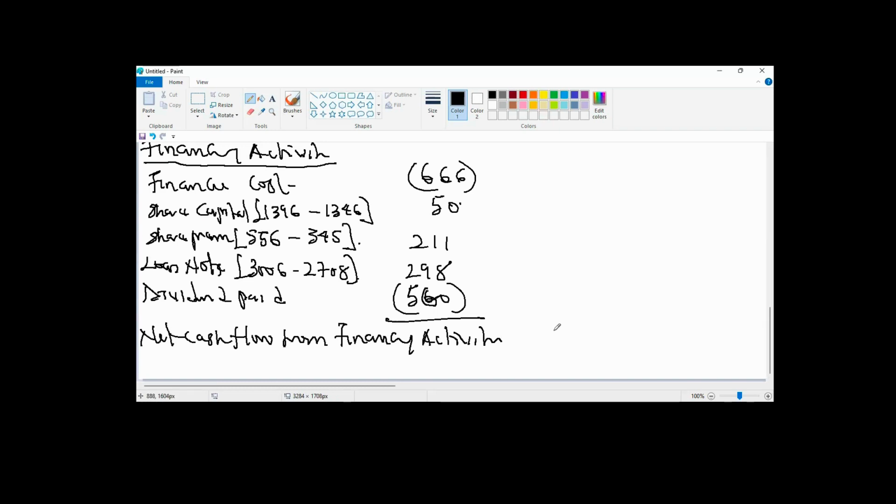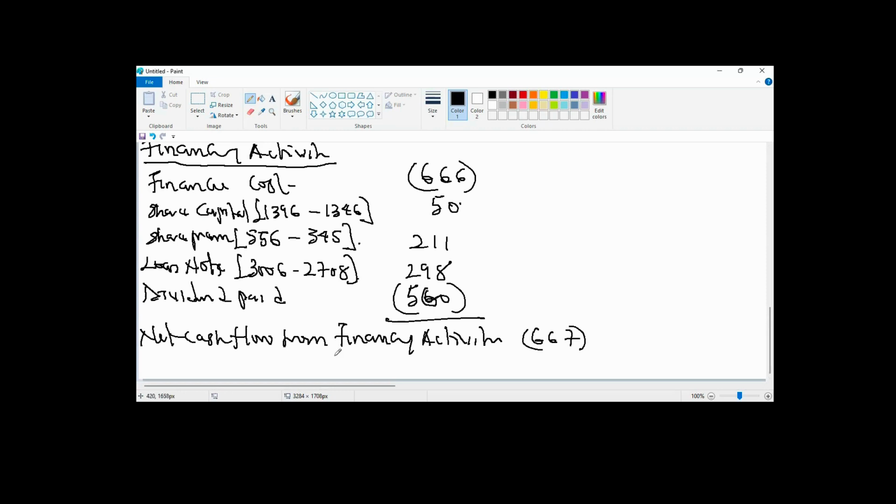Are you sure it's 665? I doubt it too. It's not 665, it's 667. Which one is correct, 665 or 667? 667. Good. Positive or negative? Negative.